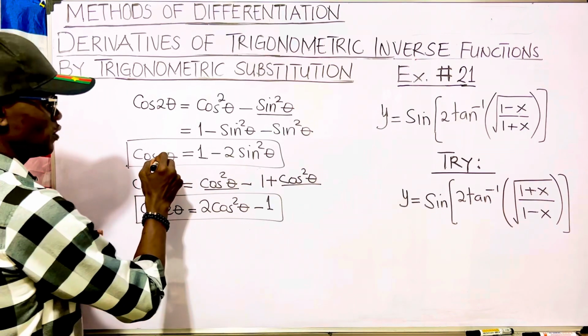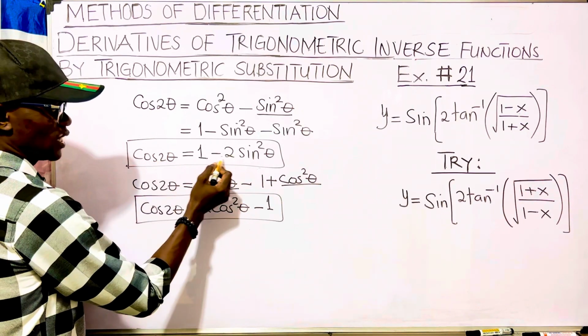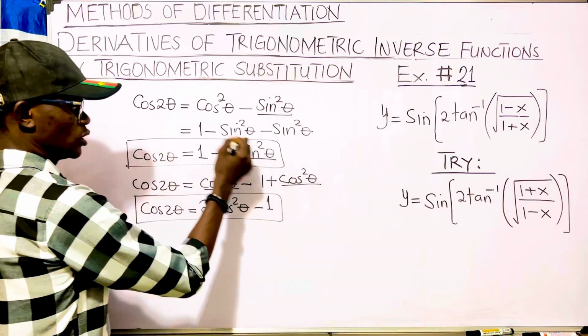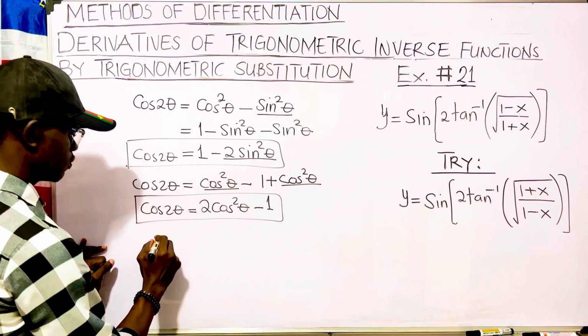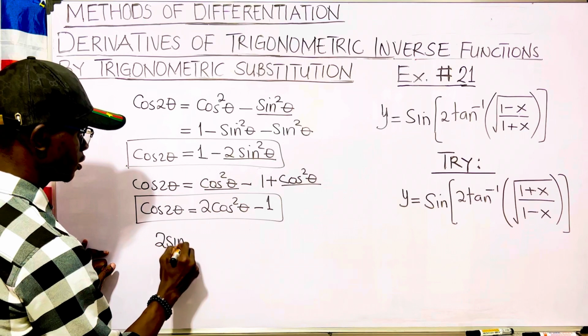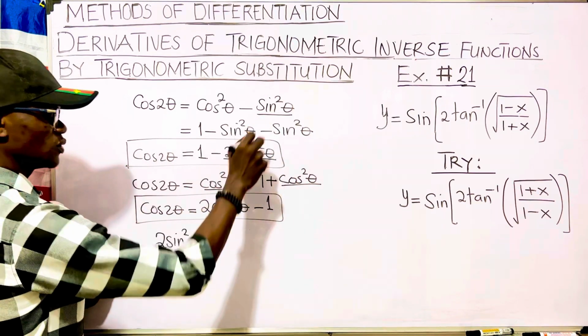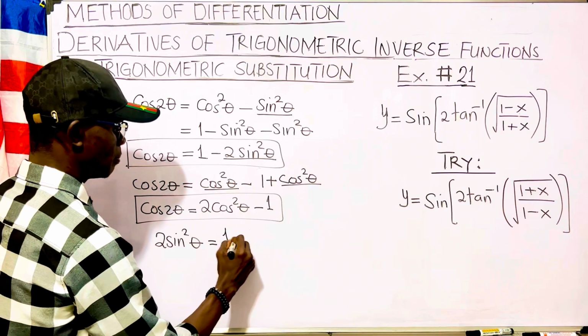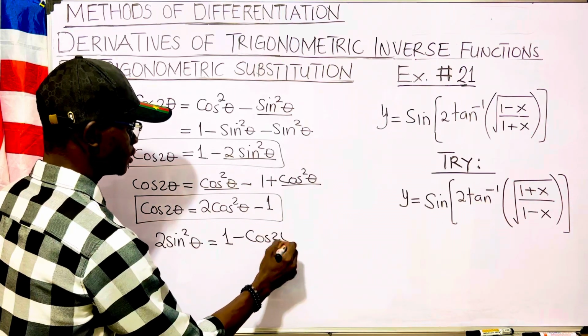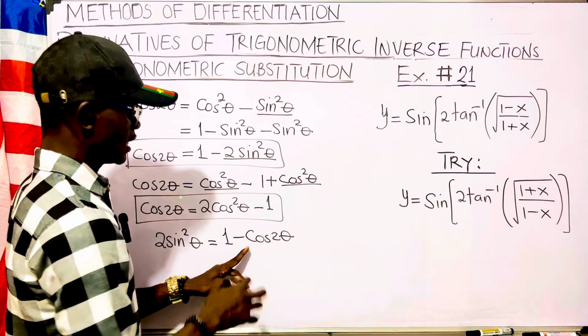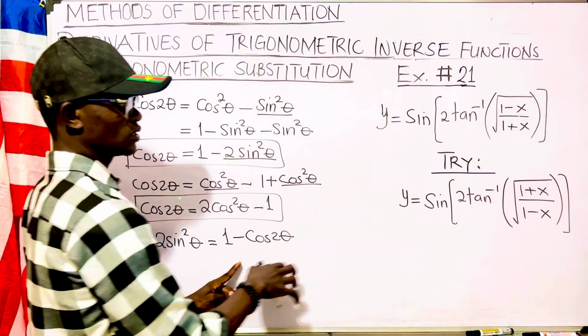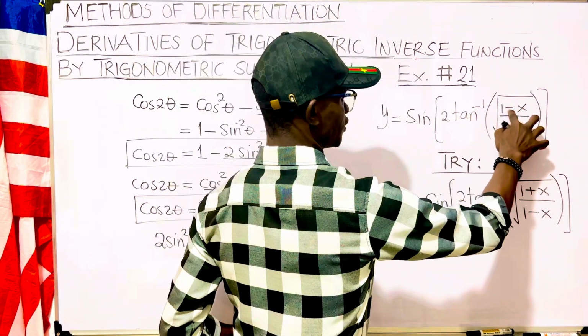Now, from the previous identity, if we send this term to the left-hand side of the equation, we will have positive 2 sin squared theta, and then this cos of 2 theta goes across. We have 1 minus cos of 2 theta equals 2 sin squared theta. So you clearly see that 1 minus cos of 2 theta resembles 1 minus x.